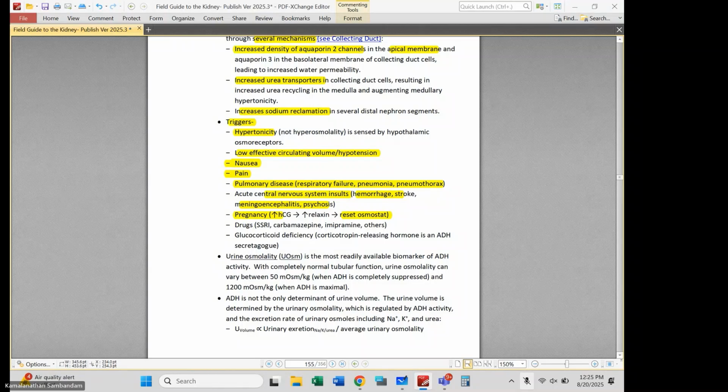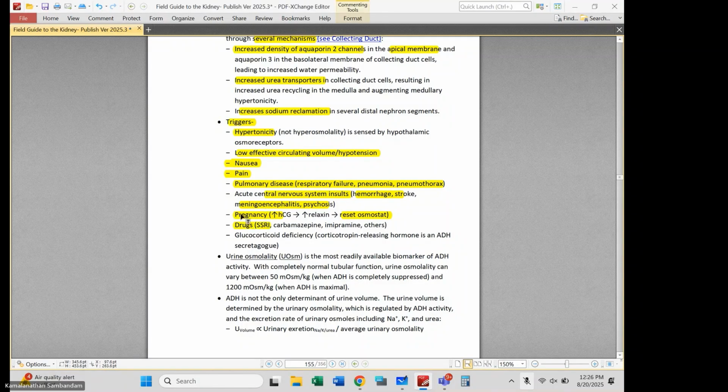The mom is retaining extra volume both by anti-natriuretic hormones as well as anti-aquaretic hormones in order to expand blood volume, in order to, again, prepare for the blood loss that may occur during pregnancy or during delivery. So pregnancy is a known cause of reset osmostat. Most females that get pregnant, you'll see a subtle drop in their serum sodium.